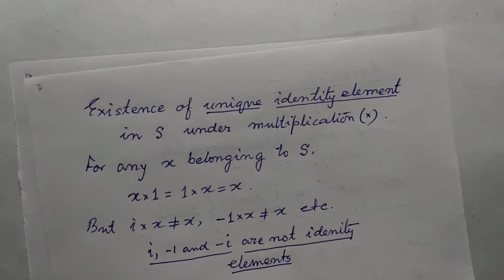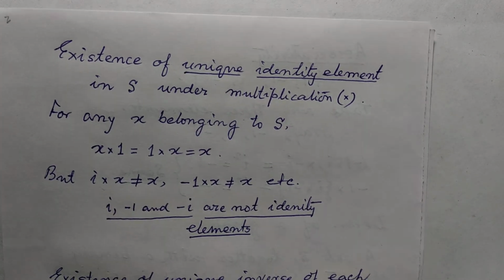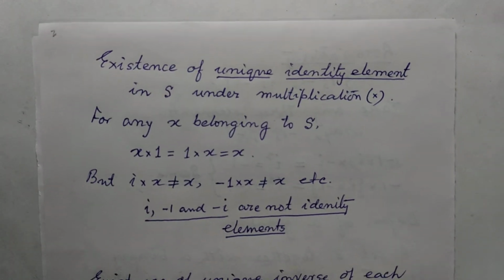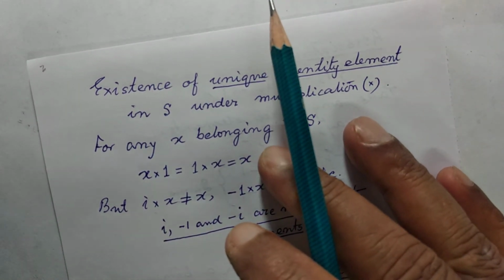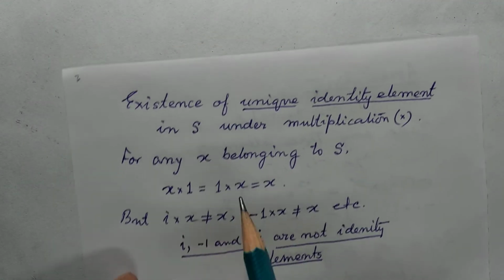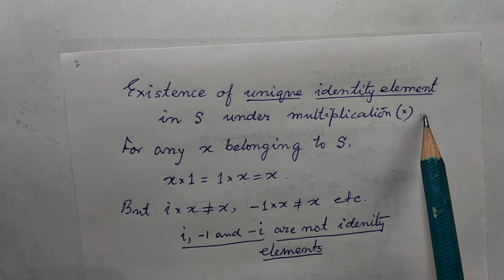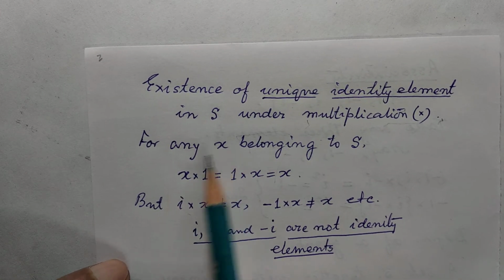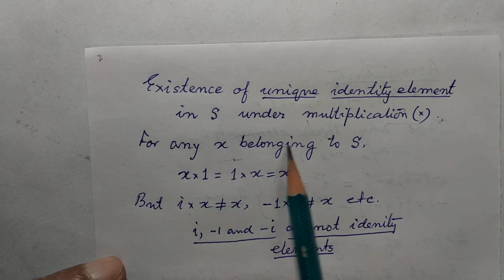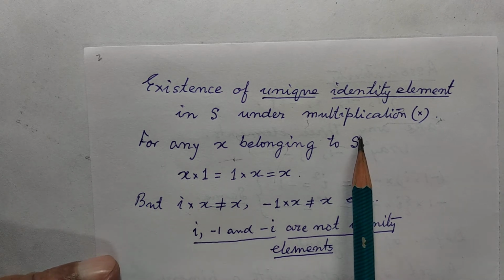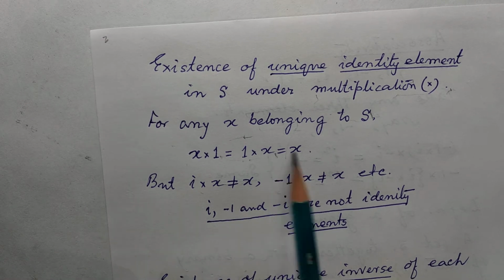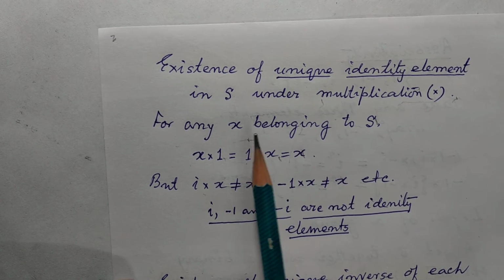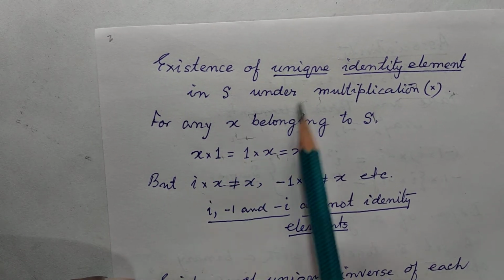Let us consider the next important property: existence of unique identity element in the set S under multiplication. For any x belonging to the set S, we have x into 1 is equal to 1 into x is equal to x, where x is any member of the set.